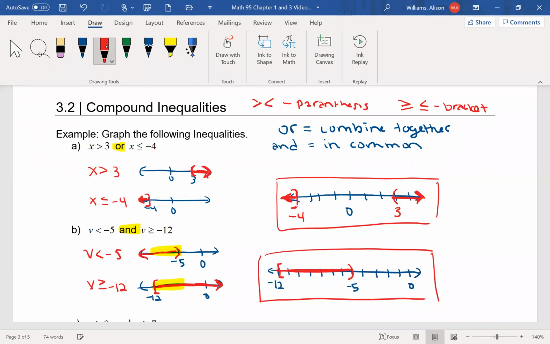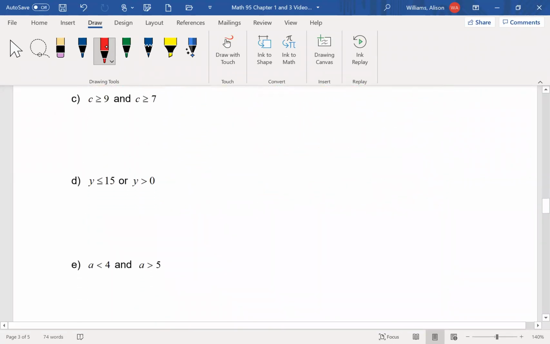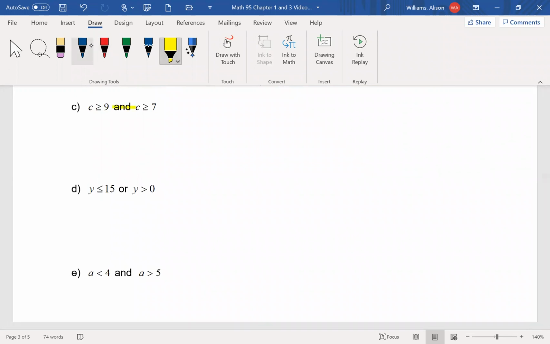Now let's look at some more exciting cases. Skip down here. Here, again, we see an and, so we're looking for where they overlap. Bigger than or equal to 9 versus bigger than or equal to 7. Here's 0, here's 9.